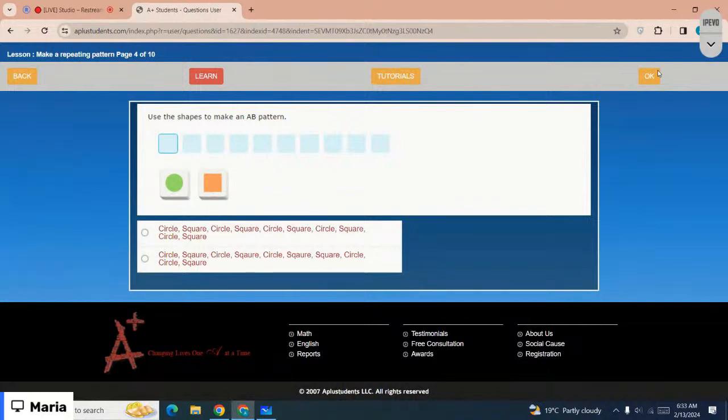Which is the correct option? Yes, that is option number one. Circle, square. Circle, square. Option number one is the correct option.